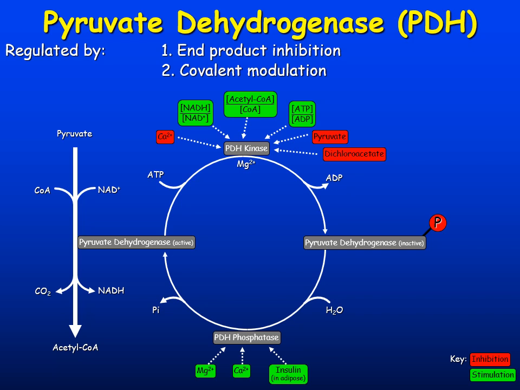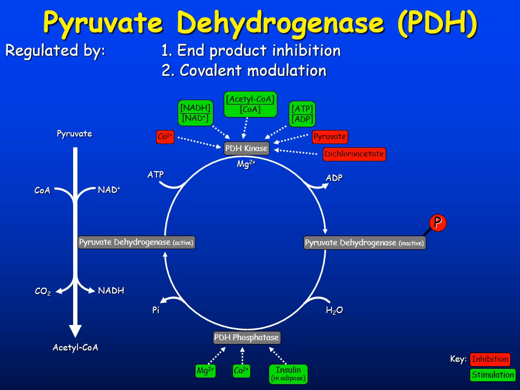So in effect, starvation and fat mobilization ultimately stops you from converting a potentially glucogenic carbon source of pyruvate into a non-glucogenic source of carbon in acetyl-CoA, which of course is all completely linked to the energy status of your body.